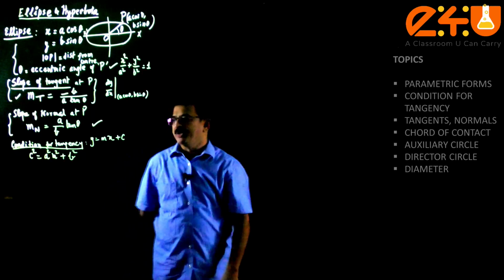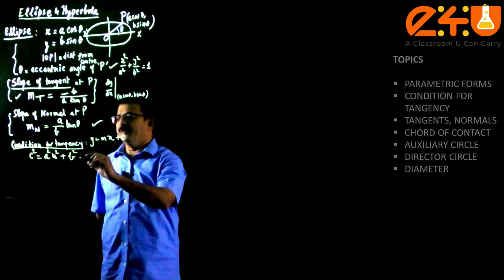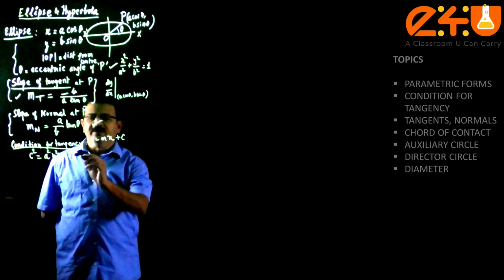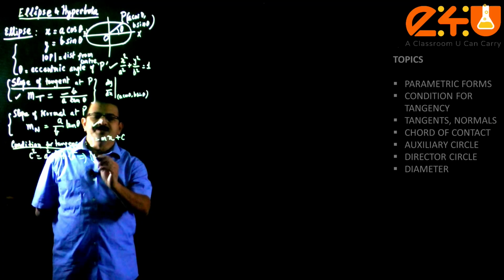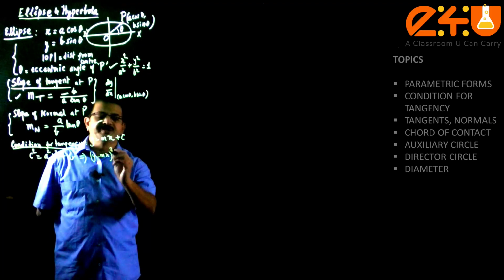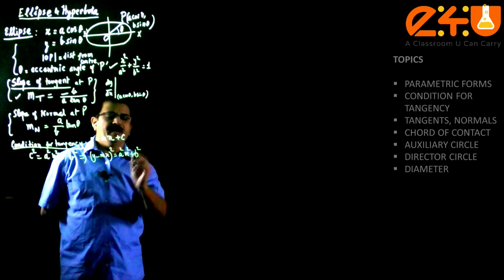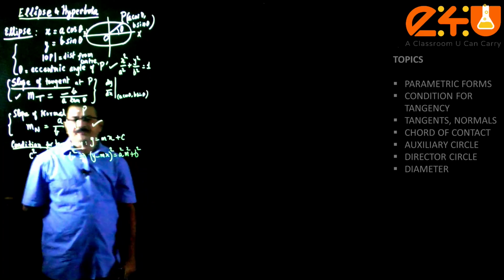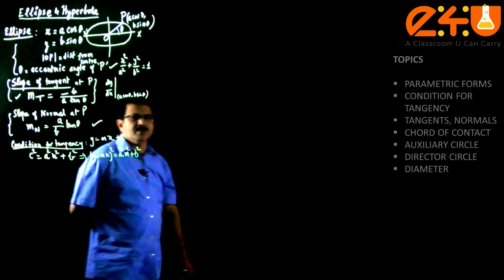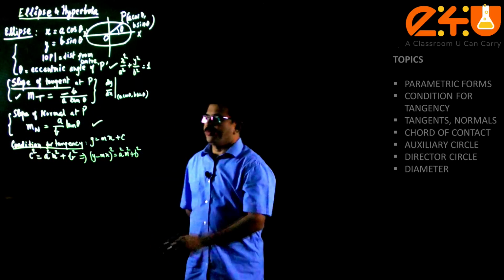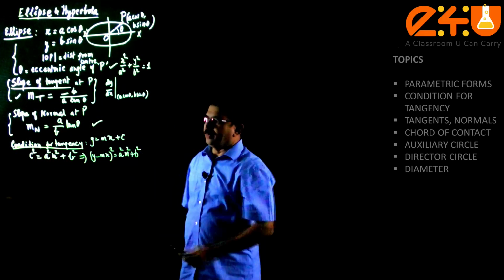A square m square plus b square gives condition for tangency. In other words, I can say y minus mx the whole square is a square m square plus b square.